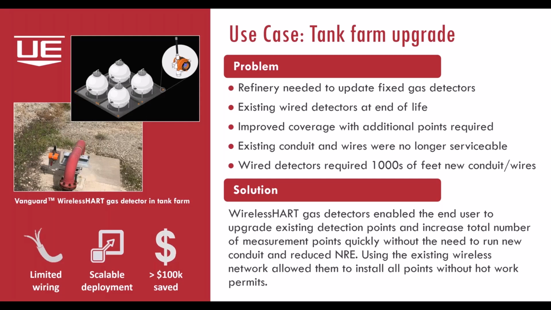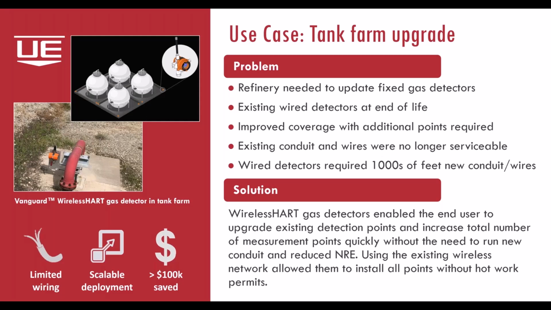They weren't having necessarily the same problems as the Coke manufacturer, but the simple fact that the conduit and wire were so old, they needed to replace it, and they wanted to try a different solution with the wireless because it was now available. And they tested out about 10 of them, very happy with the results. And now they're able to start replacing all of the wire detectors that are coming to end of life with wireless detectors.